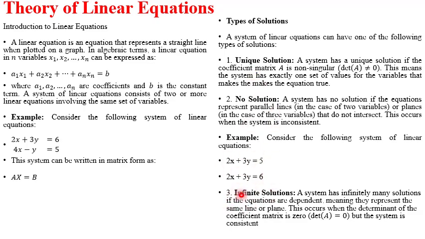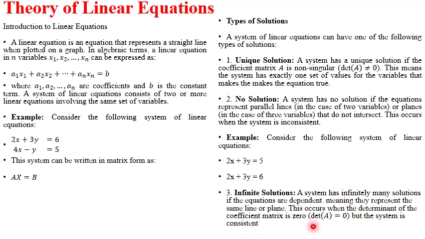So the third kind of solution is infinite solutions. This occurs when the determinant is 0. So we say a system has infinitely many solutions if the equations are dependent, meaning they represent the same line or plane.